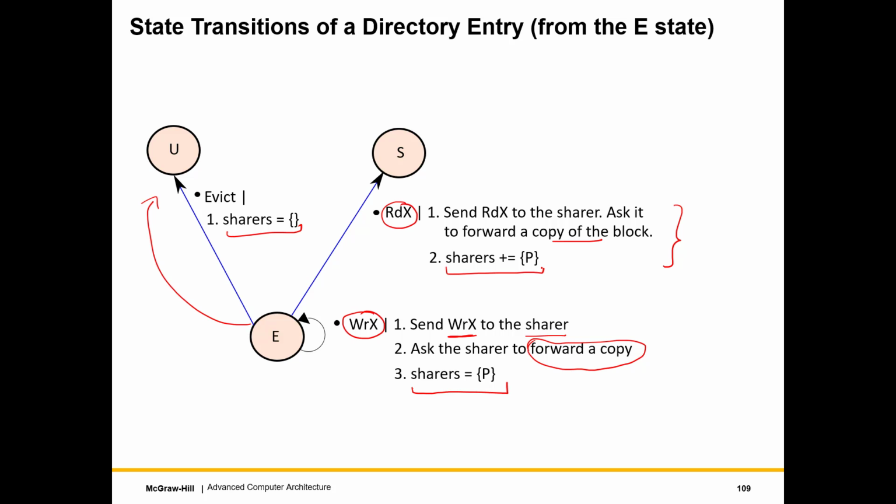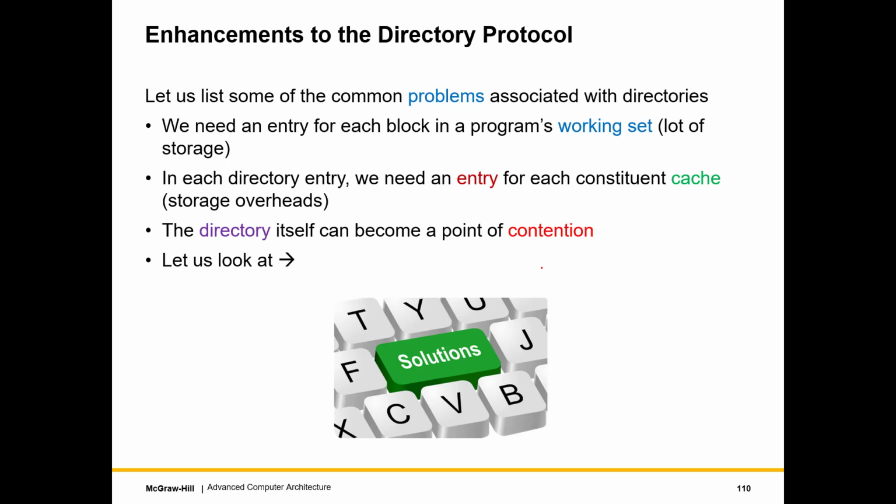So after discussing the basic protocol, let us move on to some enhancements to the directory protocol. Let us list some of the common problems associated with directories, and then we will look at the optimizations.